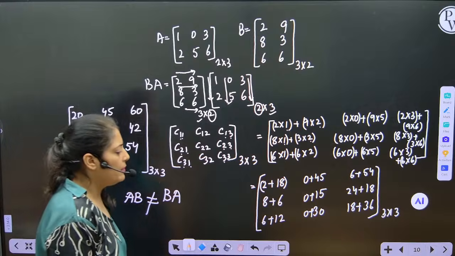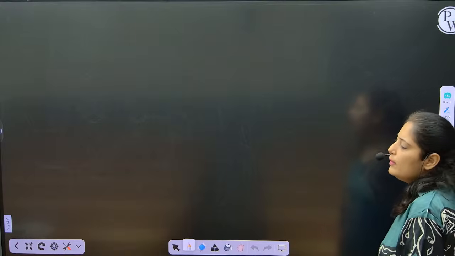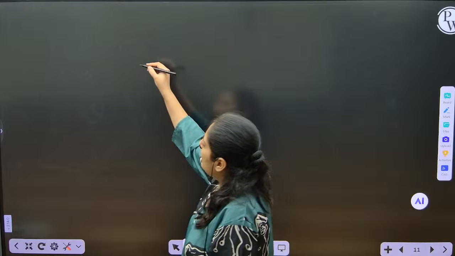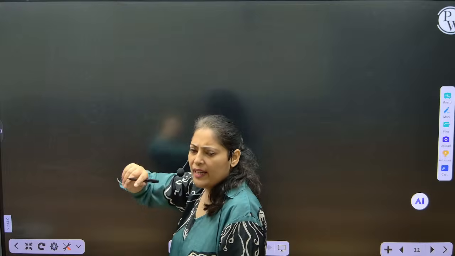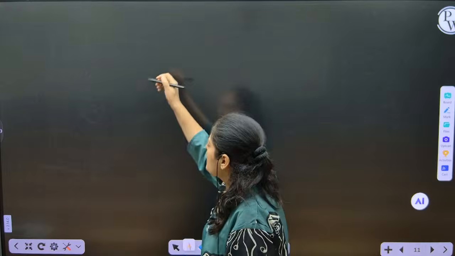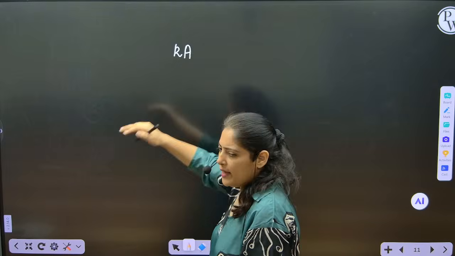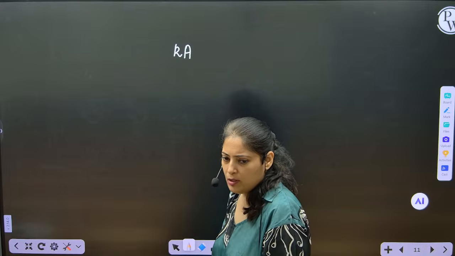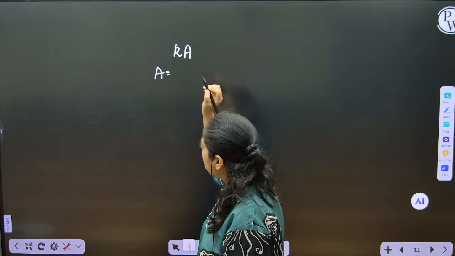All right. Next, if I have to multiply a matrix with a scalar, scalar means what? A single number only. Suppose any scalar is k. If I am multiplying any matrix with any k, this is a scalar multiplication.